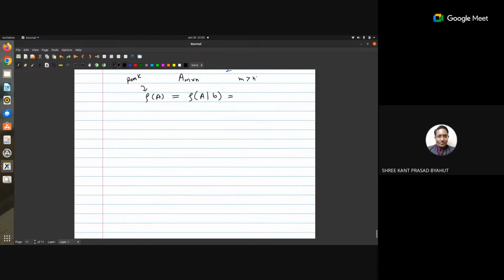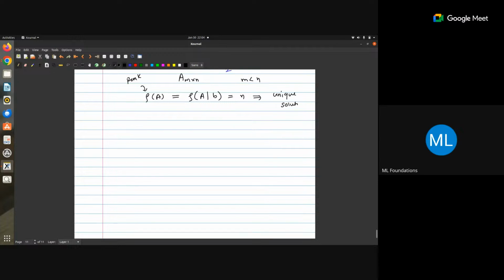M, right? Or let us say M is less than N, something like that. In that case, N is the rank. Okay, I'm just saying that if it is N here, in that case, I will have what?